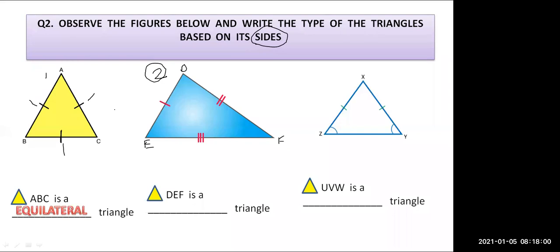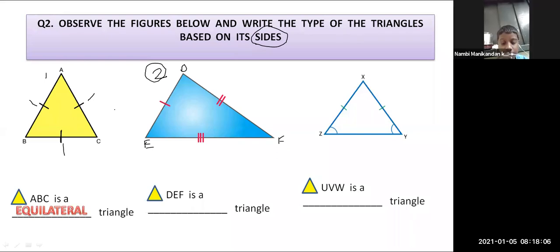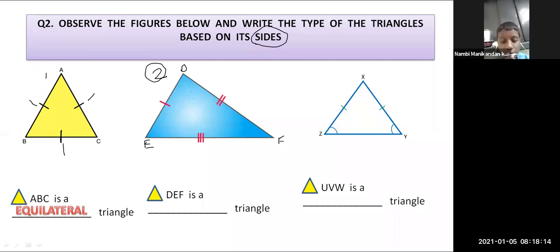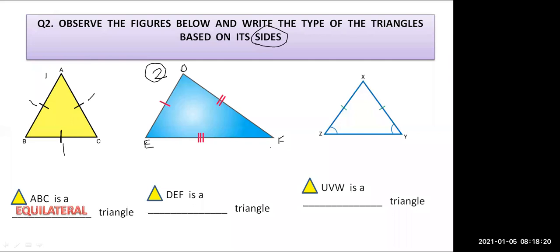It is nice to give the answer, but just observe and tell me whether it is scalene or isosceles triangle. Very good, Nabi. It is a scalene triangle. And why is it a scalene triangle? Because two sides are same and the other side is different, this is the definition of isosceles triangle.